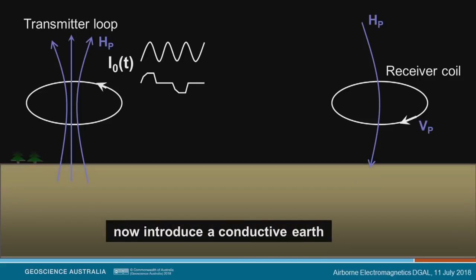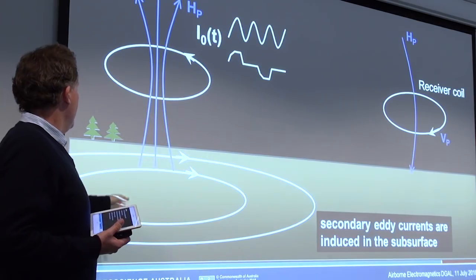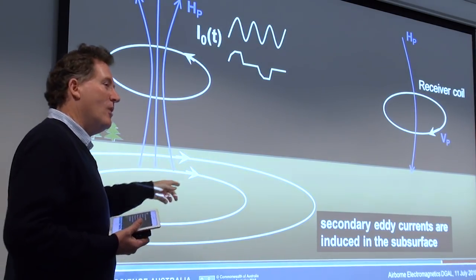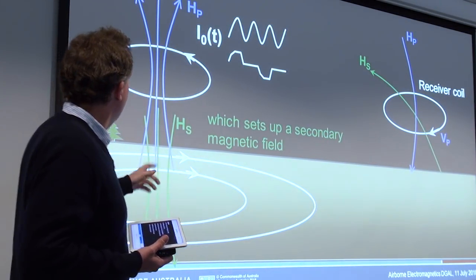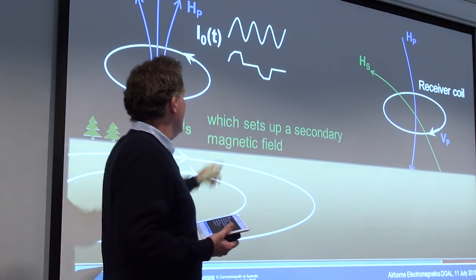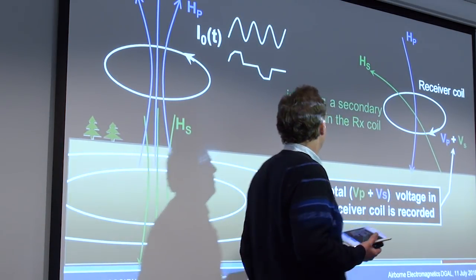And then if we have introduced a conductive earth, electrically conductive I'm talking about here, not hydraulic conductive, then this time varying current will set up eddy currents that get induced in the ground. Now those eddy currents will induce their own secondary magnetic field, which will also get seen in the receiver coil.